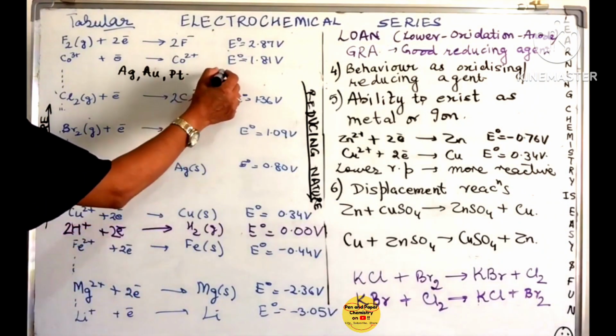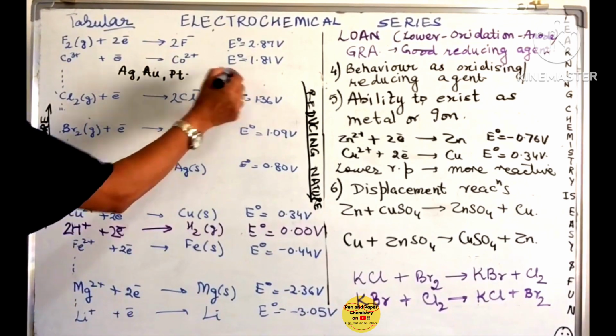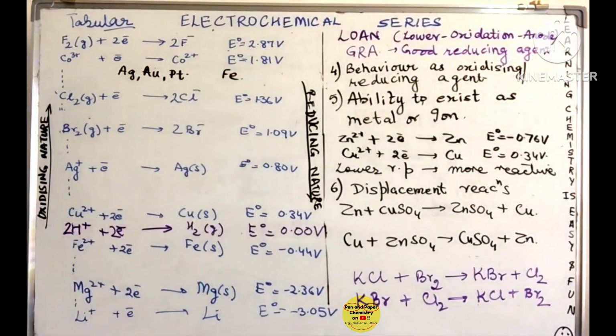On the other hand, if you have a metal like iron and you leave it exposed to the atmosphere, within a week you'll see a slight change in its color, and over a period of a month or so you will find a reddish brown coating developing on it, right?